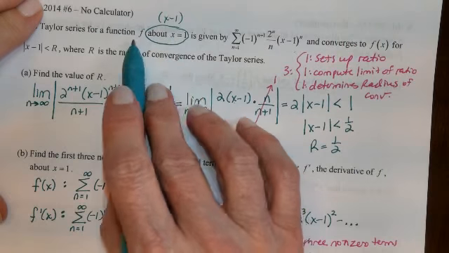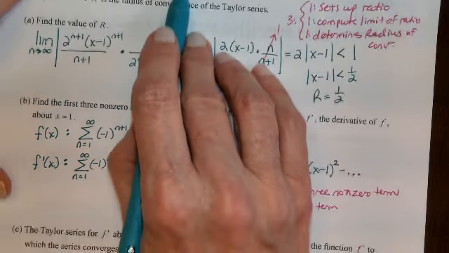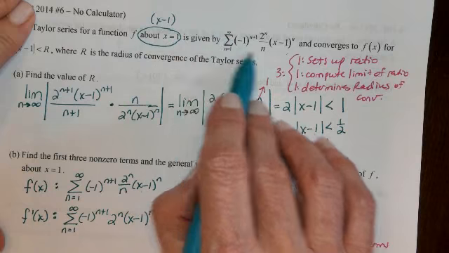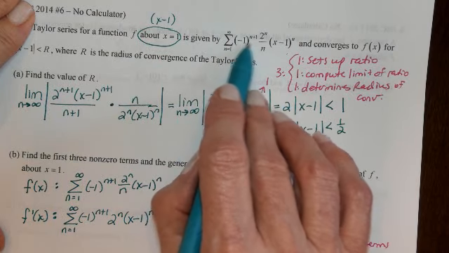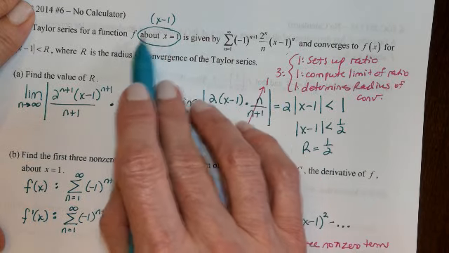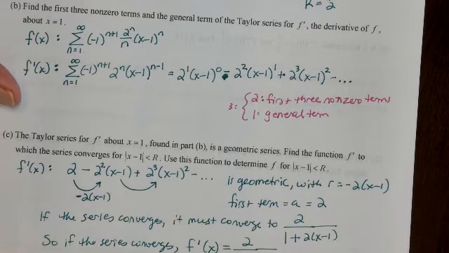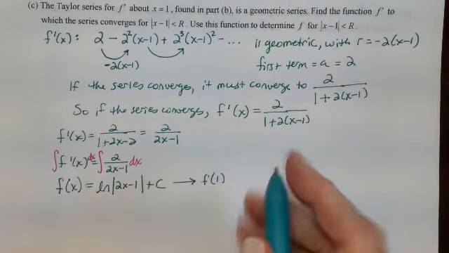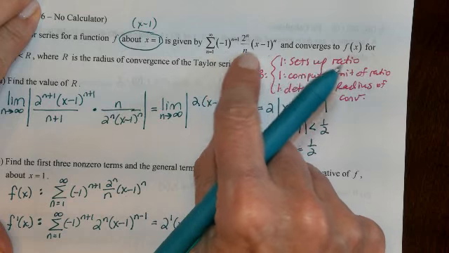Where the series for f was centered at x equals 1. So the very first term of the series will be f of 1, right? So f of 1, down here, f of 1 will equal the first term in the series.